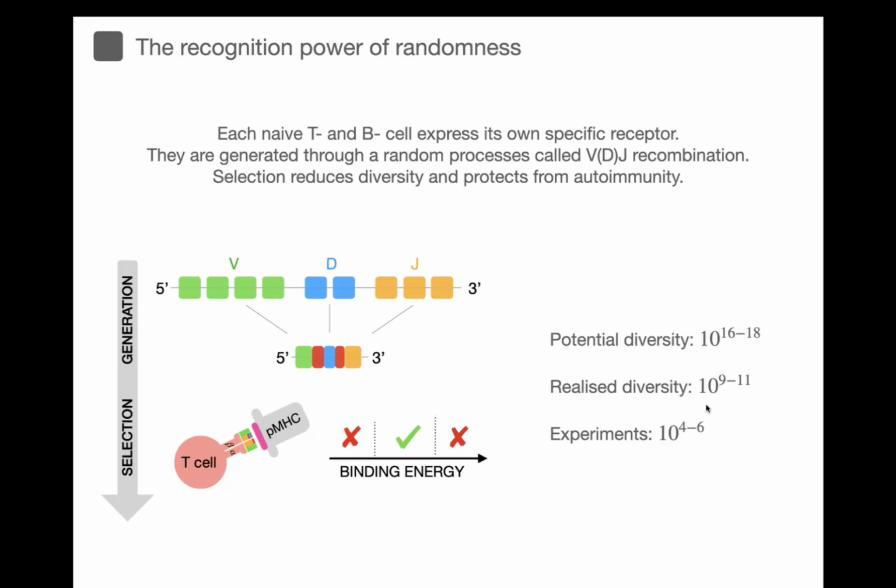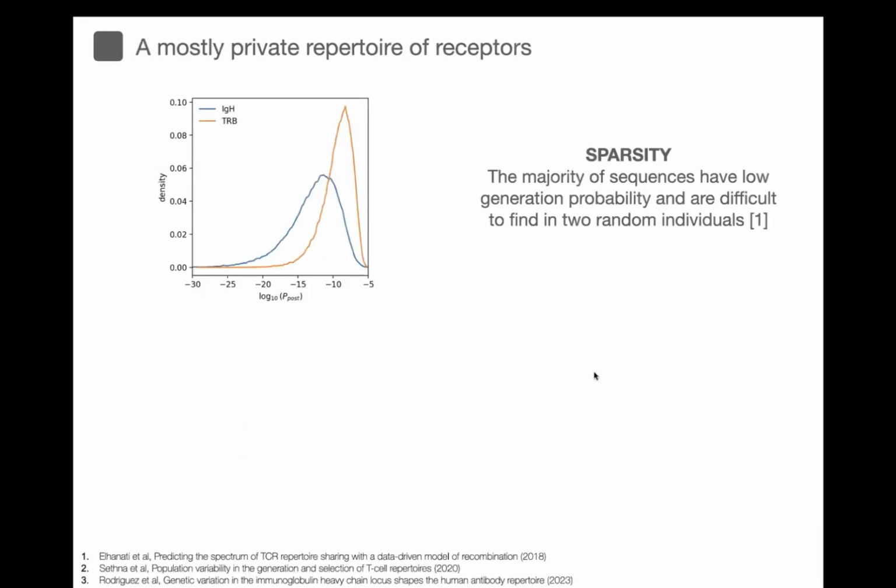And what we are actually able to extract from a single bulk sequencing experiment is between 10 to the 4 and 10 to the 6 unique receptors. So we have these multiple levels of sparsity, where in order to bridge this gap, a model-based approach could really help. And the privacy of the repertoire is something pretty well understood.